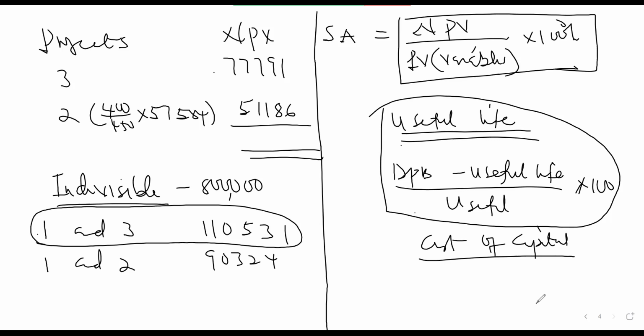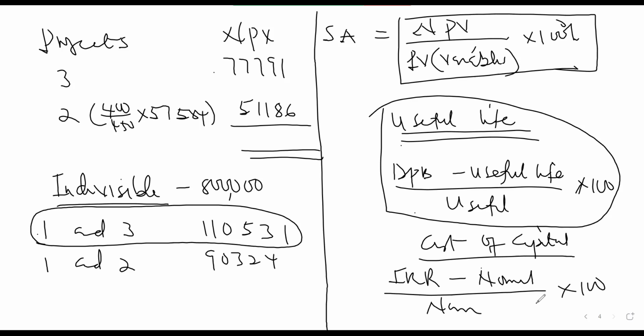So what we do is calculate the internal rate of return minus the actual cost of capital, which is the nominal rate, the one given to you. Then you divide it by the nominal rate and multiply by 100. This will tell you by what percentage the cost of capital should reduce or increase for the project to run into a loss or to break even.